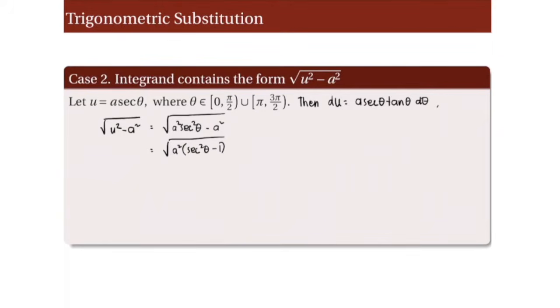Using our trigonometric identities, secant squared theta minus 1 is tangent squared theta. So we're taking the square root of a squared multiplied by tangent squared theta.